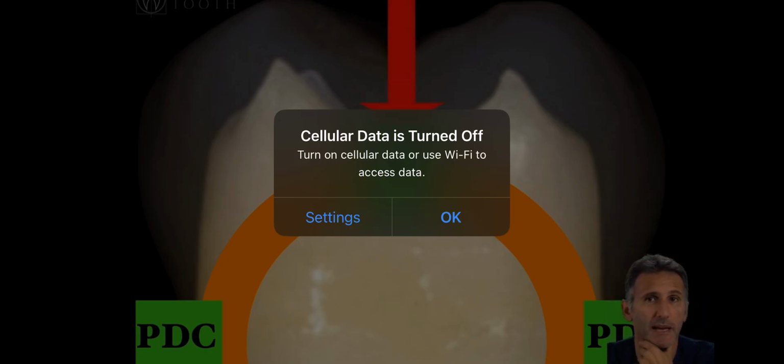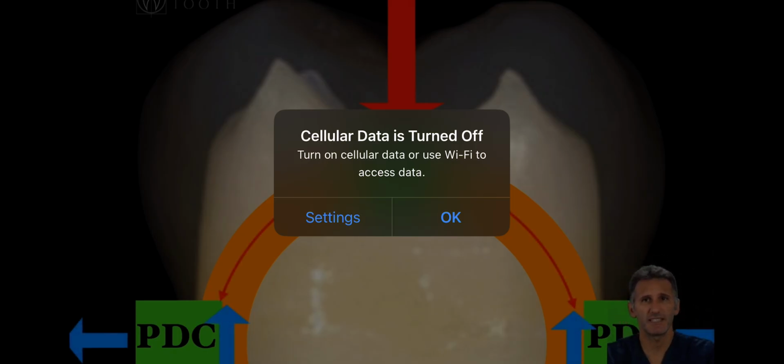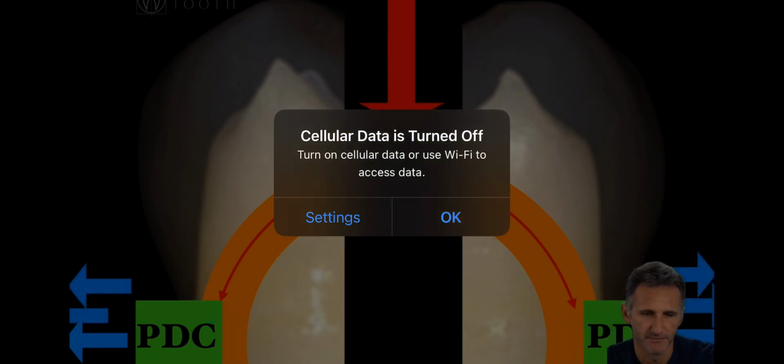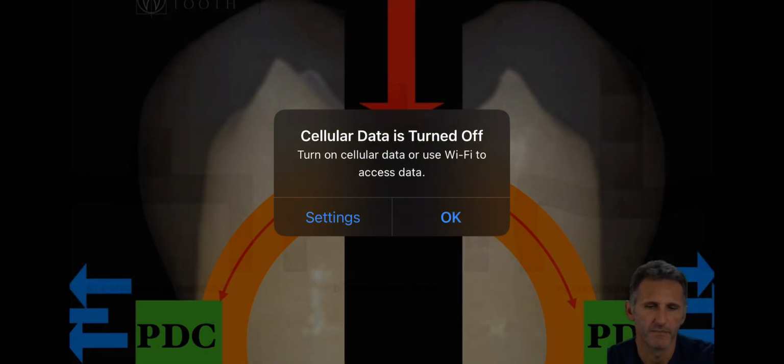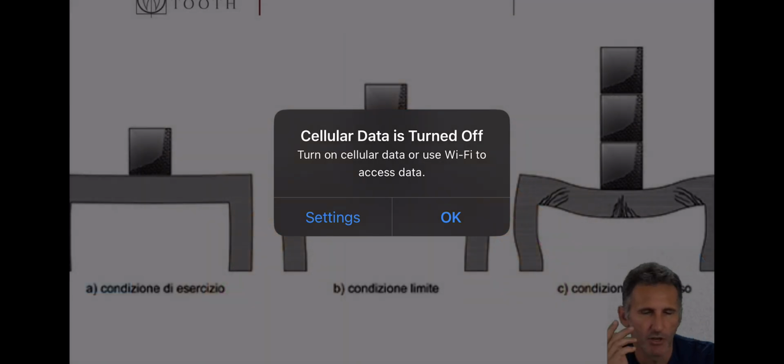So when we apply a force in this area, for the principle of Galileo of two vectors and the example of the vaulted arch, we have a force like this and a force like this, two horizontal vectors. Of course, I just want to remember that the load is chief, because if we have just a light load, we have zero deformation and zero problems.